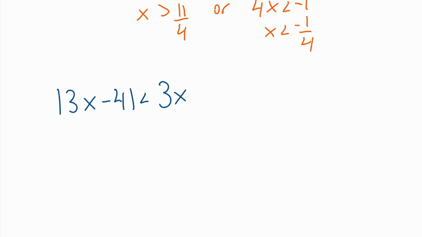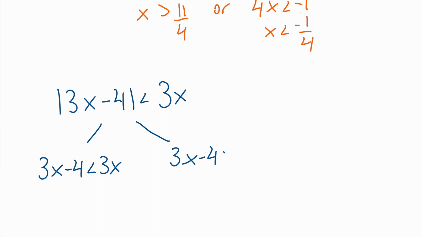So we have two cases here, right? We have 3x minus 4 is less than 3x, and 3x minus 4 is greater than -3x. Okay. And actually, I want to do +4 here, now that I'm thinking about it, because this will make it a more interesting problem.